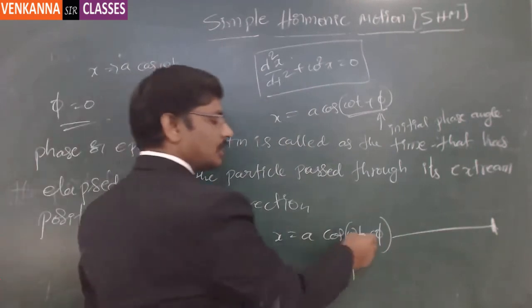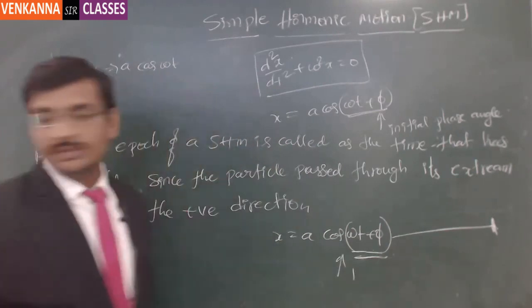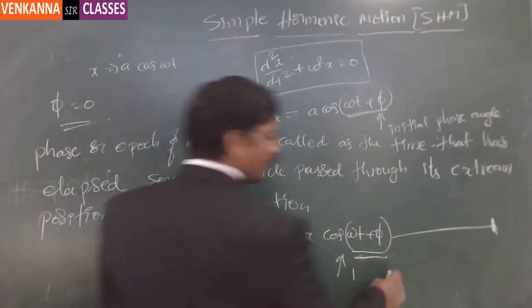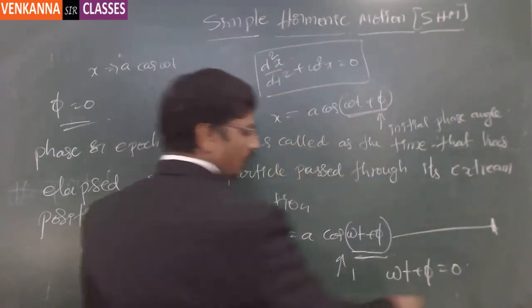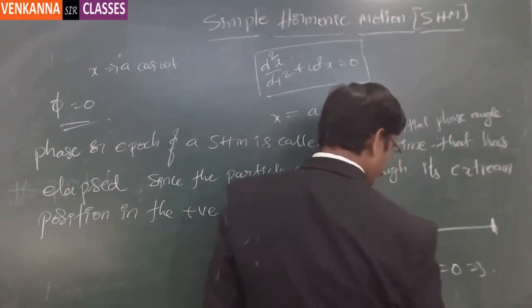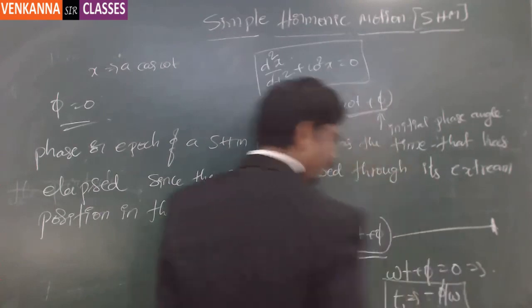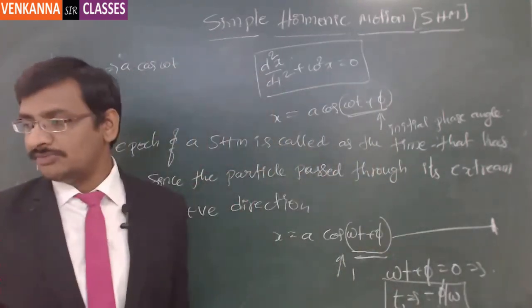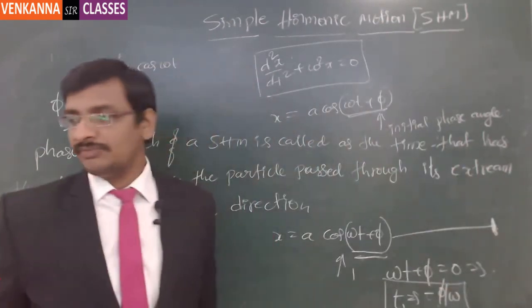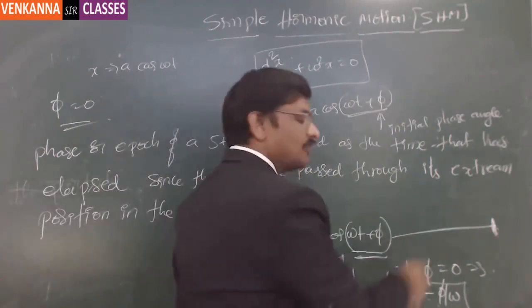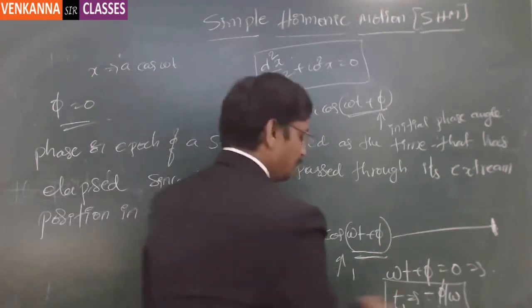This happens only when omega t plus phi equals 0, or t equals minus phi by omega, which is the time when it reaches the maximum value for the first time. From there you start counting the phase angle. So the first time it reaches the maximum value is at t1 equal to minus phi by omega, which we call the phase time. So this is the phase time.